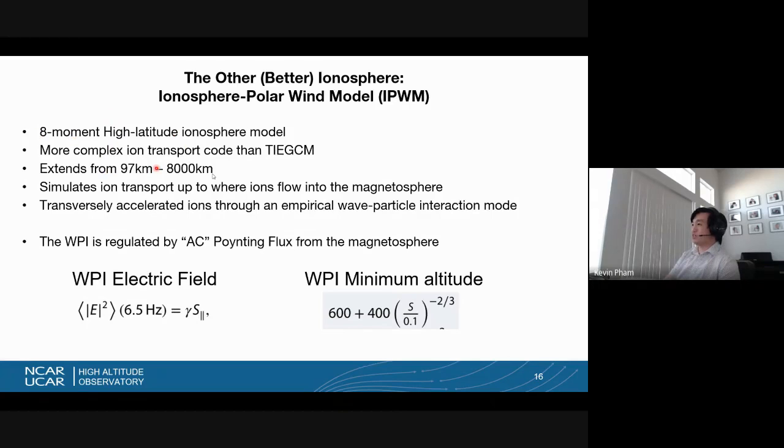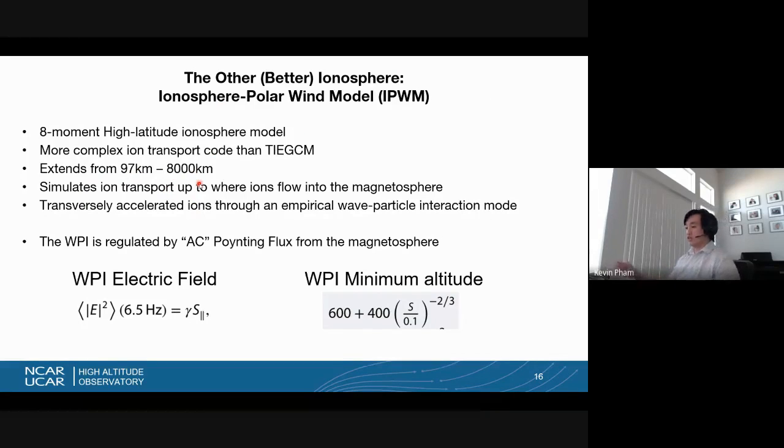It's a much more complex ion transport code than TIEGCM, and it extends an altitude range much larger than TIEGCM. TIEGCM spans mostly about 97 kilometers up to between 600 and 800 kilometers, depending on the solar driving. IPWM in this case extends up to 8,000 kilometers.